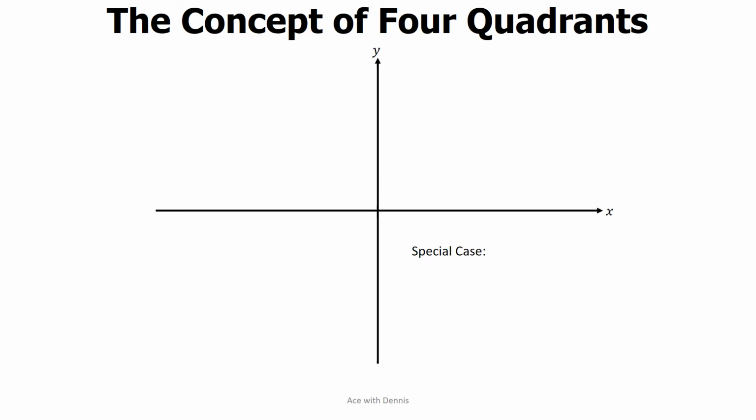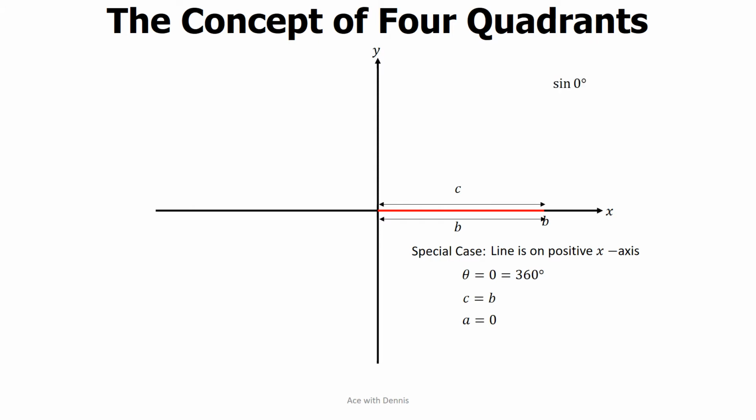Okay, so now we have a special case where the red line is on the positive side of the x-axis. Then that means the angle theta will be 0 or 360 degrees. You can notice that the length is B, it is also C, so C equals B, while A is 0.